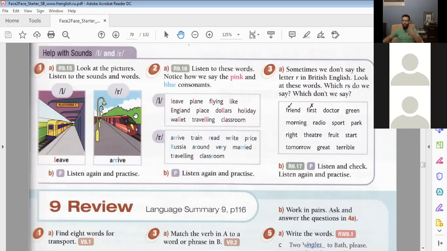So I want you to listen to the difference between the letter L and R.